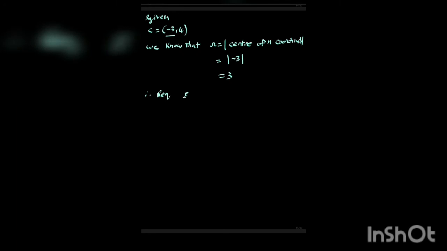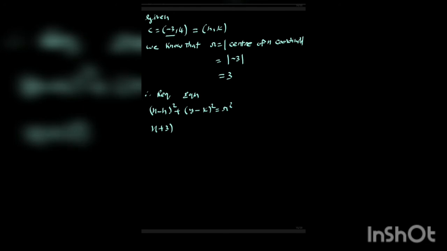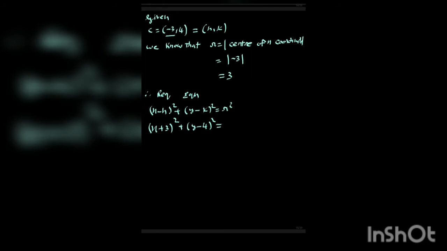Therefore, required equation, that is x minus h whole square plus y minus k whole square is equal to r square. So x, and this is h comma k, so minus of minus plus 3 whole square plus y minus 4 whole square is equal to r is 3, so 3 whole square.